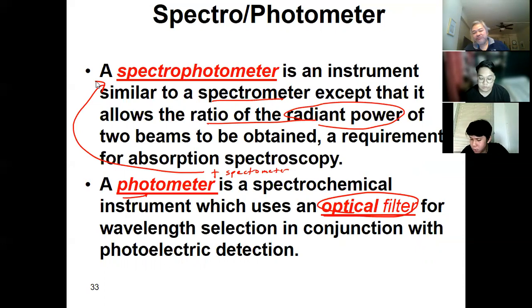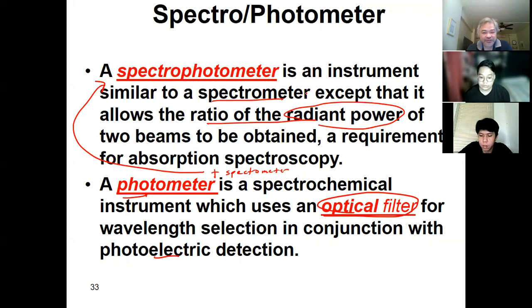Yung photometer mo naman, it indicates the photoelectric detector that measures the intensity of light. So here you can see it just uses an optical filter for wavelength selection in conjunction with the photoelectric detection.